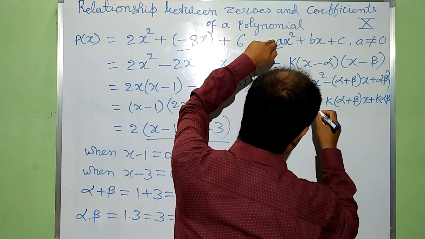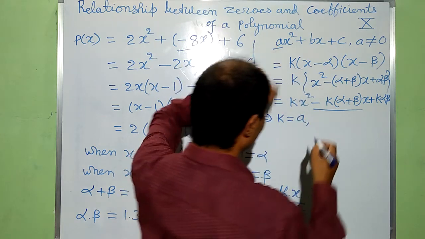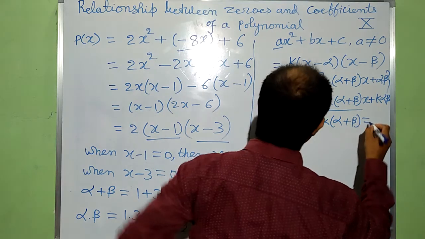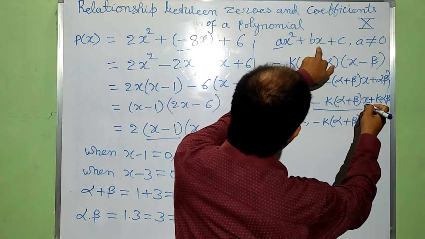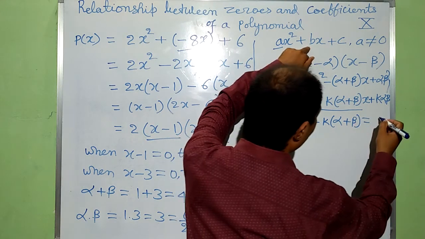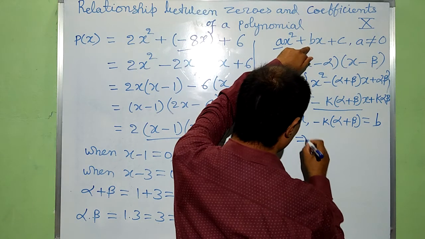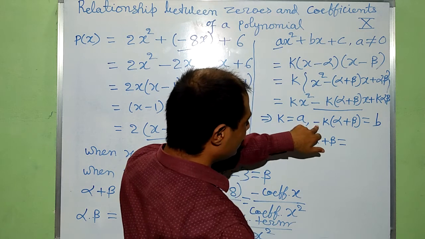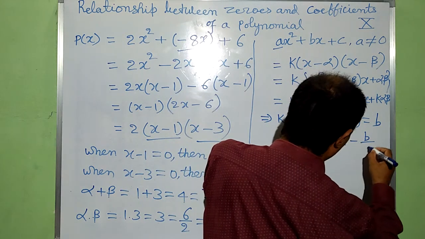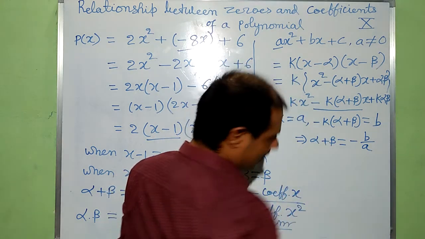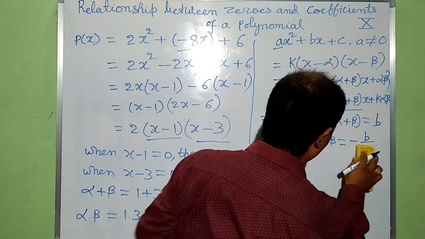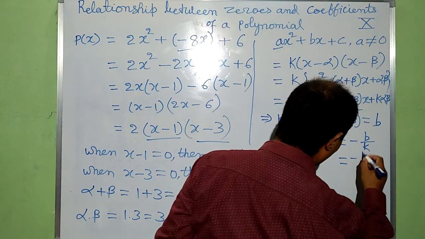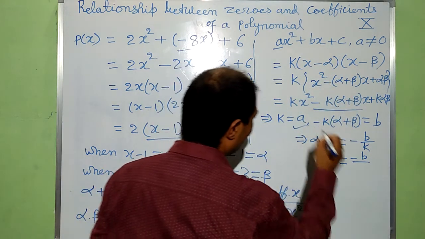From this, minus k into alpha plus beta is equal to b, since x is the same. From this, alpha plus beta is equal to minus b by k, and we know that k is equal to a.